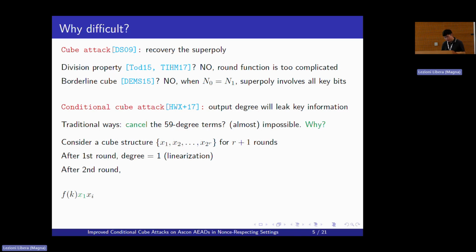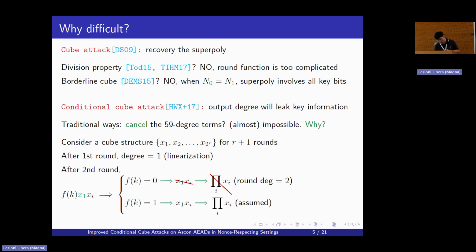However, after the second round, there will be some 2-degree terms. Let's say all these 2-degree terms are related to x1. Usually there are also key-related coefficients of the 2-degree terms related to x1. If all the coefficients of such terms are 0, that means such x1·xi terms will not appear after the second round.